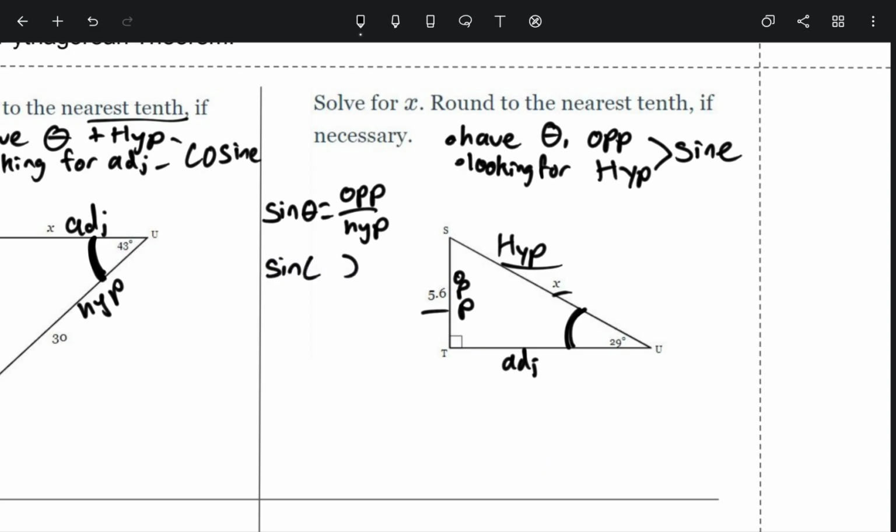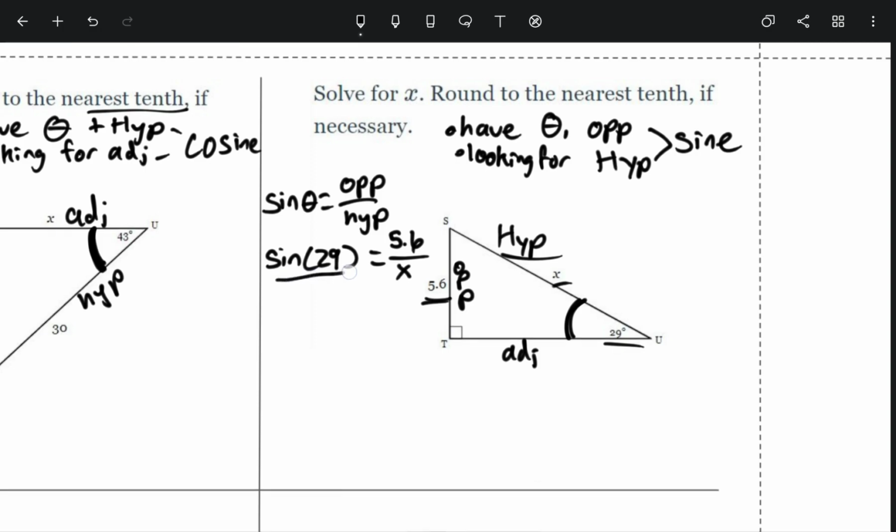So plug in our values. Our angle is 29 degrees. So sine of 29 equals our opposite, which is 5.6, and our hypotenuse, which is x. Oh no. Now we have x in the denominator. This isn't too bad. Anytime we have some number or function or expression, we can put it over 1 and that is still true.